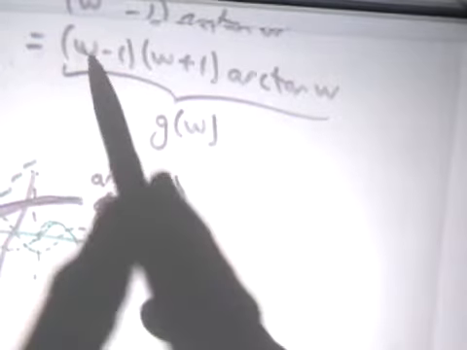Let's think about w between 0 and 1. When w is between 0 and 1, go up here, the arctangent of w is positive, w plus 1 is positive, but w minus 1 is going to be negative. So the graph of g of w has to be negative in between 0 and 1. I'm not sure how far down it goes, but this is all qualitative anyway, so I'm just going to emphasize that it's negative.